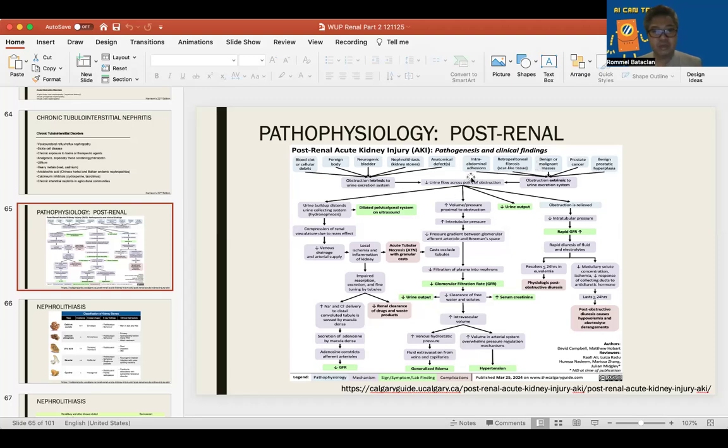What is common is there is decreased urine flow across the point of obstruction, leading to the buildup of urine, okay? And it would have decreased urine output as well.